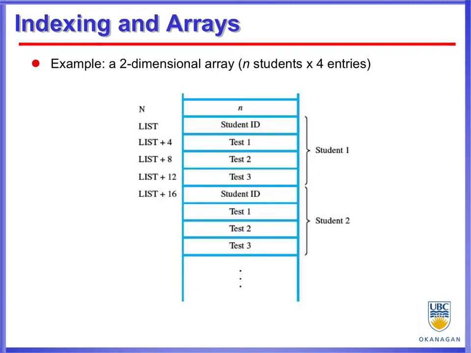In this particular application, we want to write some code to add up all the test scores for a student. We've got a bunch of students, small n students, and there are 4 entries for every student: the student ID number, and then their result on 3 tests.